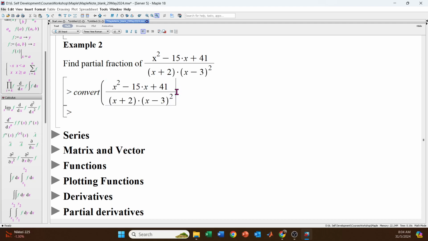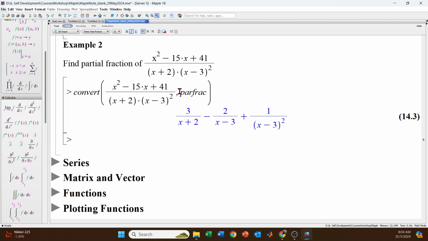Then I can click comma, PARFRAC, partial fraction. So you get the three partial fractions.